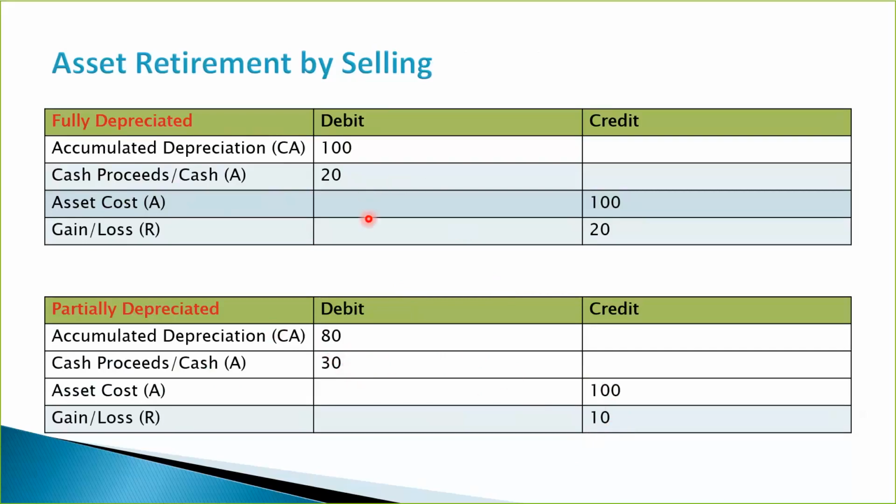Book gain or loss is going to be equal to the proceeds minus the book value. Book value in this case is 0 because it's fully depreciated. So the gain becomes $20.